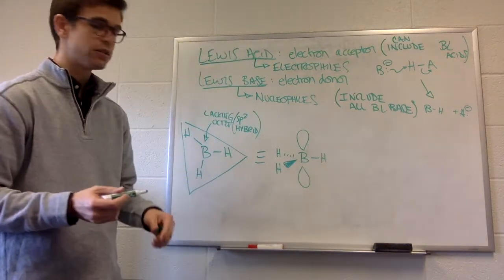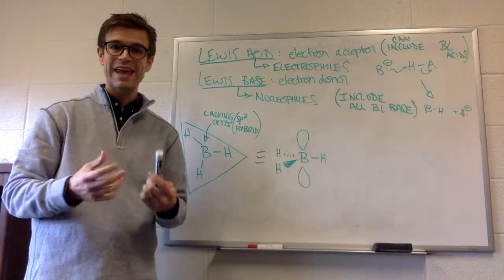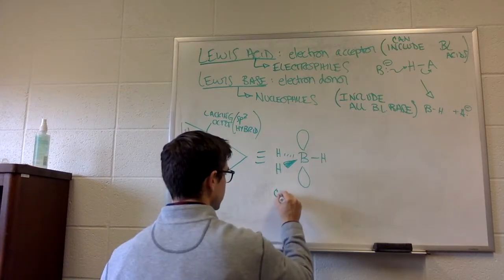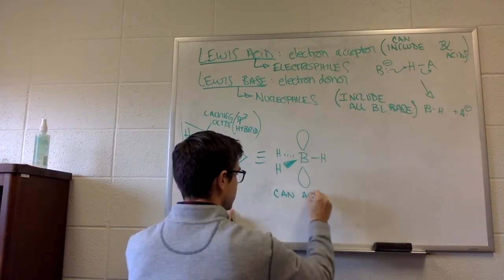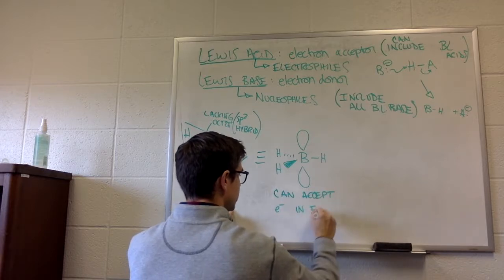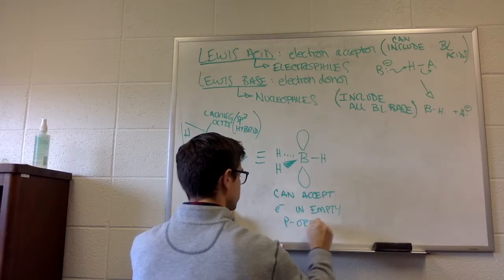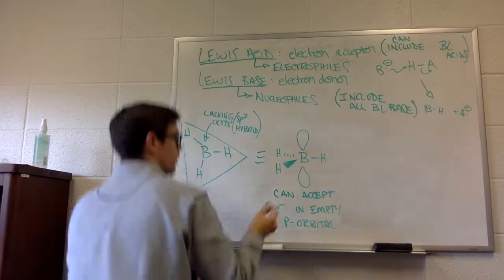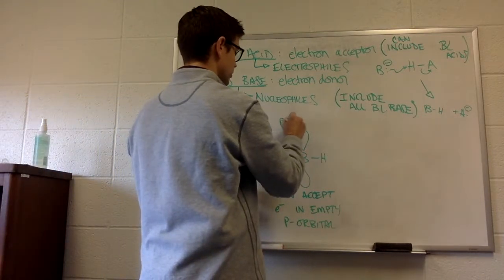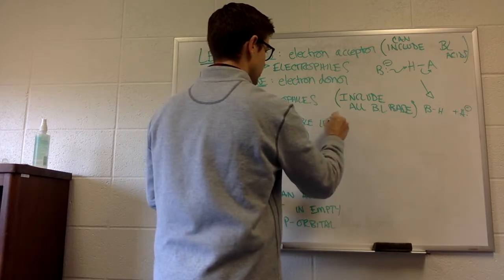So this is BH3. It has an empty p orbital, which means it can accept electrons. So we'll write that here. BH3 can accept electrons in its empty p orbital. So if it can accept electrons, this is a possible Lewis acid.